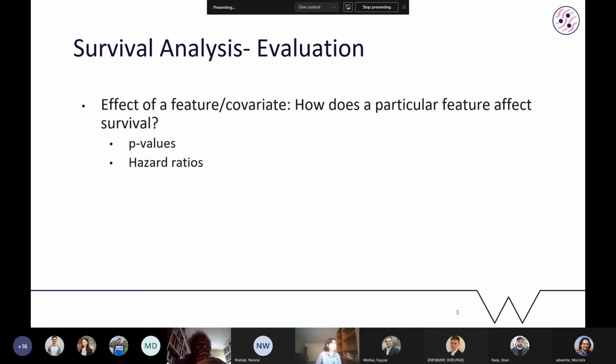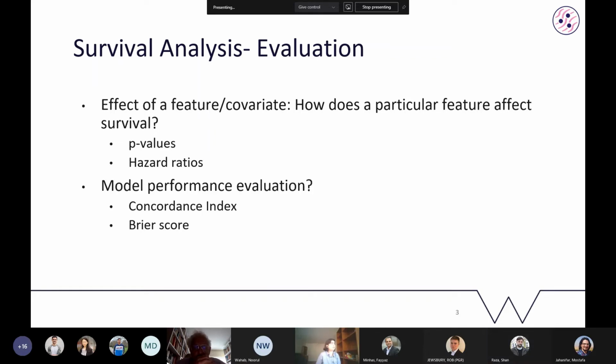So the last thing that we'll be covering in this recap session is the evaluation that we perform in survival analysis studies. Again, like I said, we're interested in two things. One of them is to analyze the effect of a covariate, and the other thing is to model survival. So if we have a particular feature and we want to see how it affects survival, two of the things that we can use are p-values and hazard ratios.